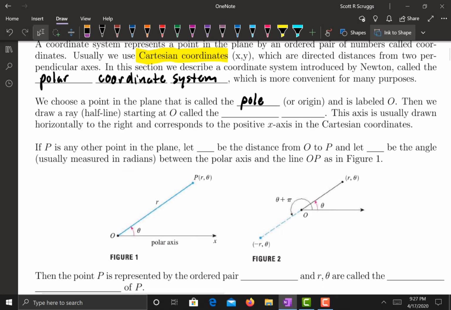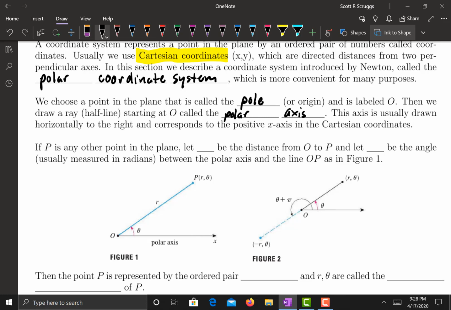And then what people do is you draw a ray from the origin, and that is called the polar axis. And what that is doing is telling us where this angle that I'm going to draw begins.